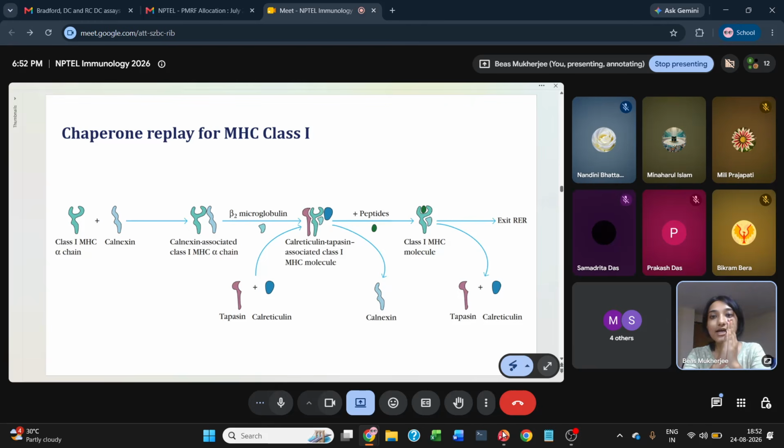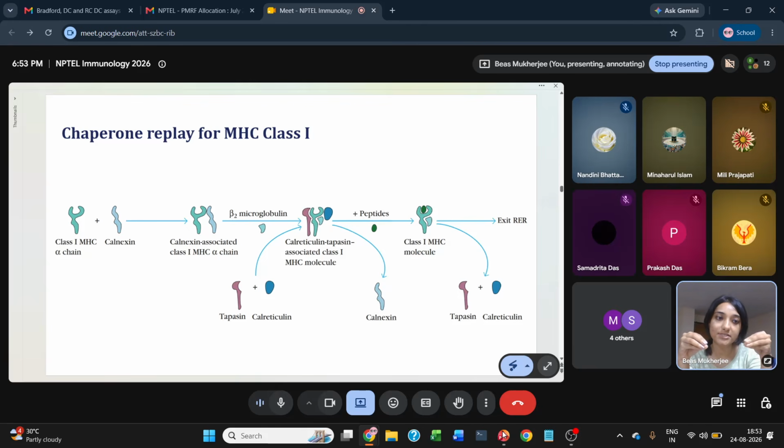Then beta 2 microglobulin comes and calnexin is removed, but then tapasin, which is an adaptor protein, and calreticulin, which is another chaperone, these two come and bind. This entire complex of calreticulin and tapasin associated with MHC class I, plus the beta 2 microglobulin, together make the peptide loading complex, right?